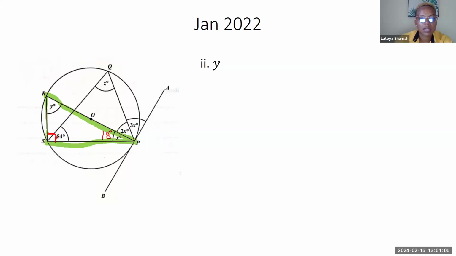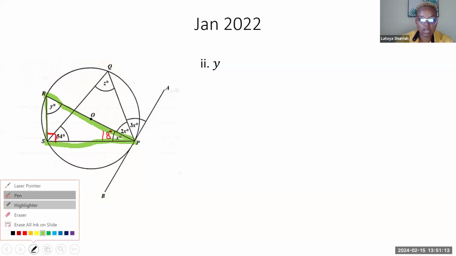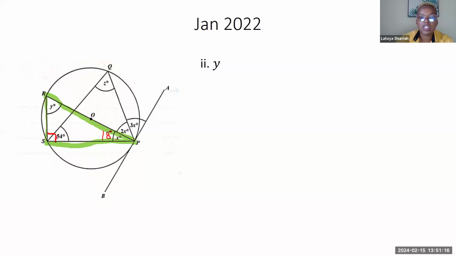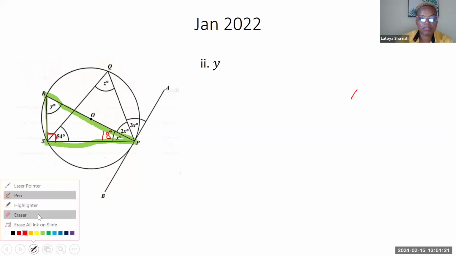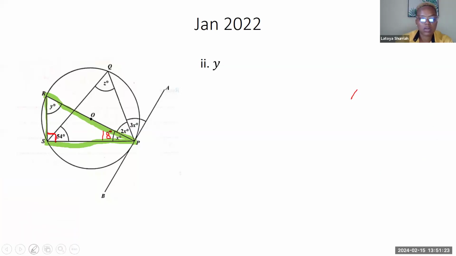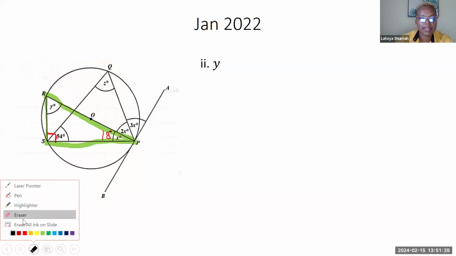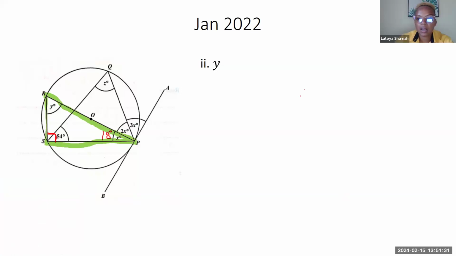We also know that the interior angles in a triangle sum to 180 degrees. So since we know two angles already, we can simply say 180 subtract 90 plus 18.